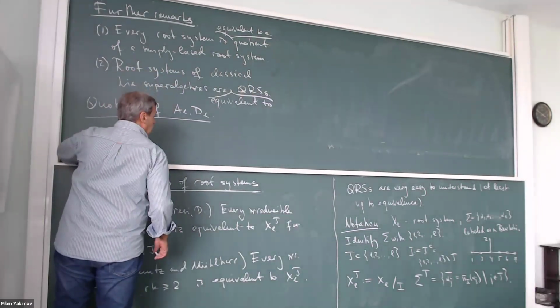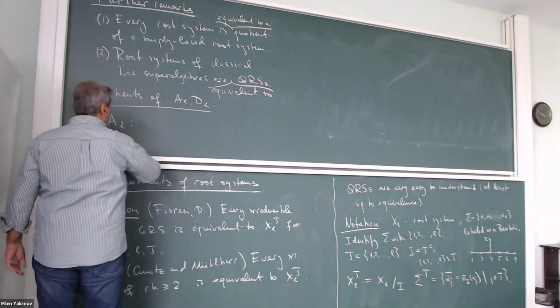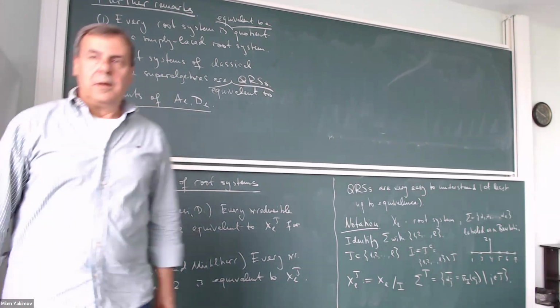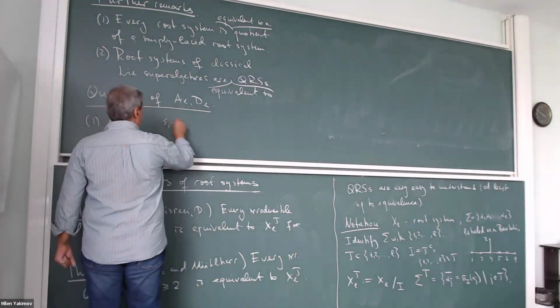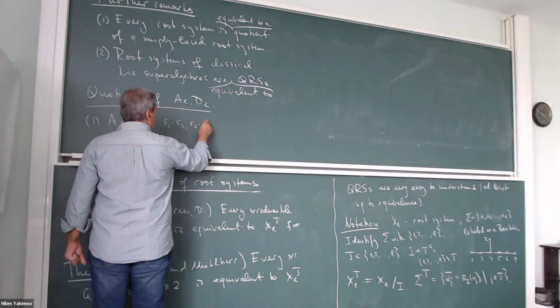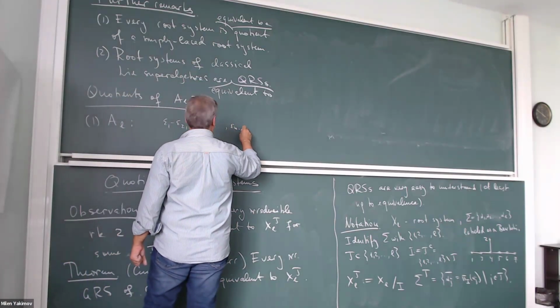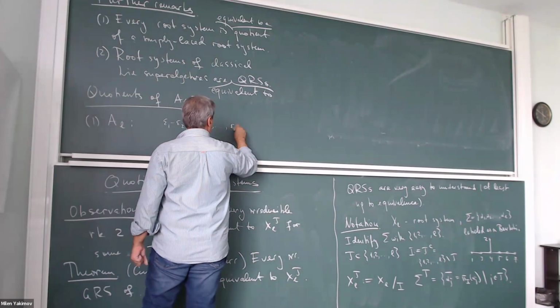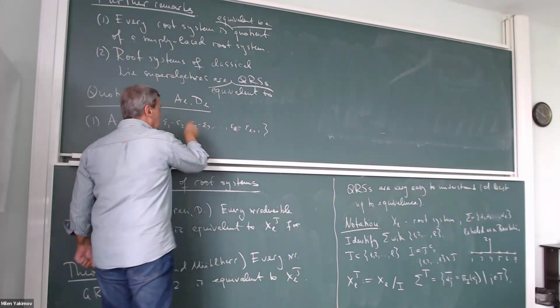And if I consider A_L, the simple roots are epsilon 1 minus epsilon 2, epsilon 2 minus epsilon 3, up to epsilon L minus epsilon L plus 1.